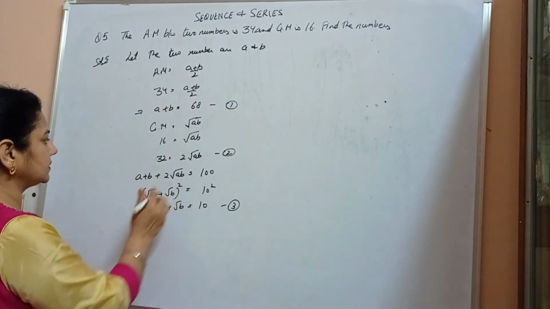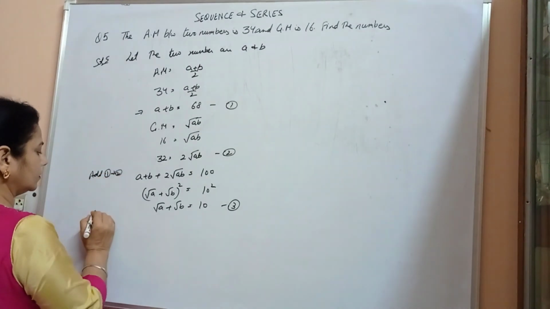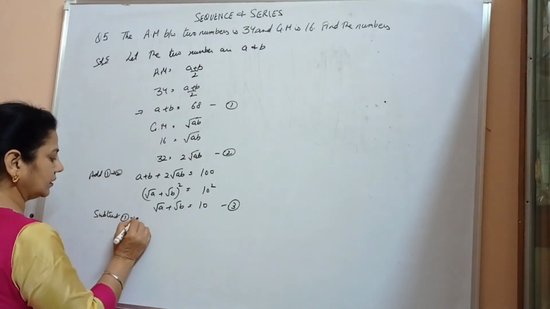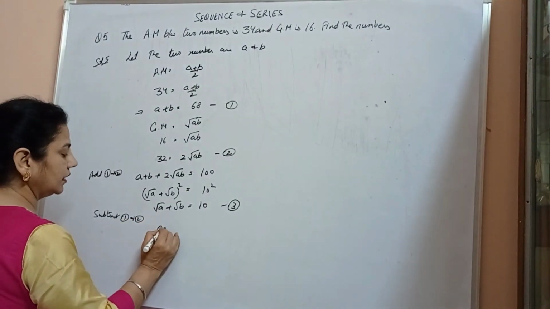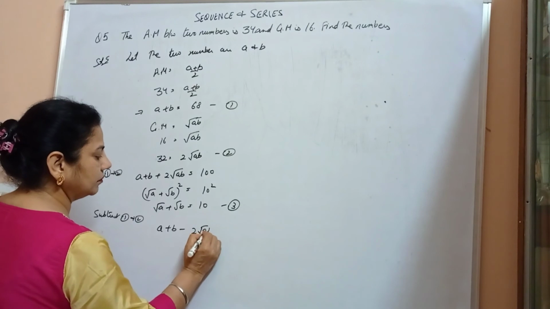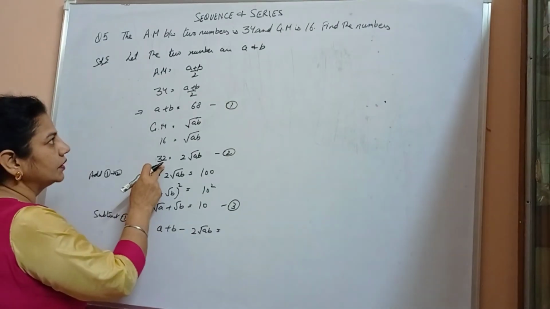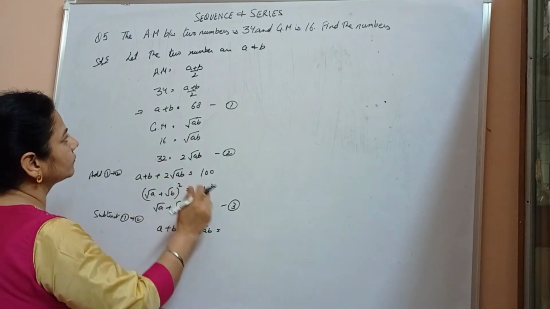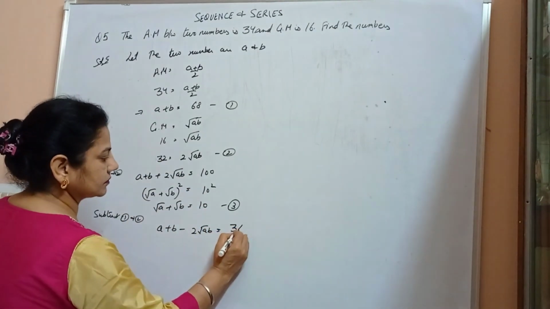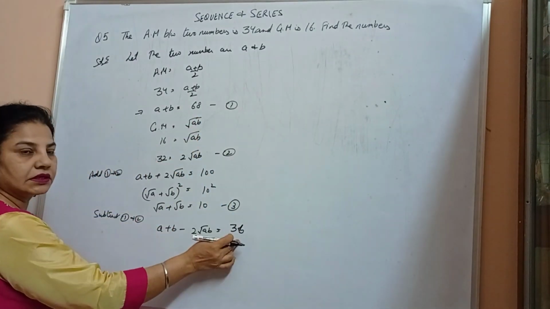Now subtract 1 and 2. What should I get? A plus B minus 2 times under root AB, that means 68 minus 32, which equals 36.